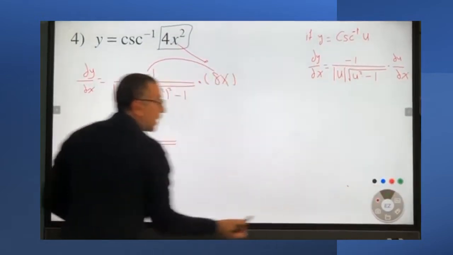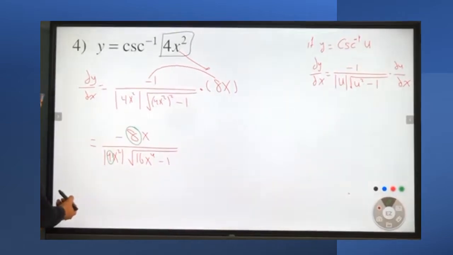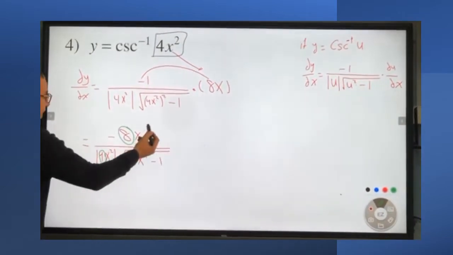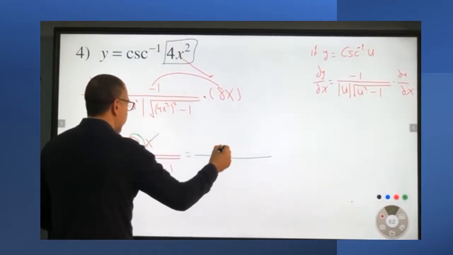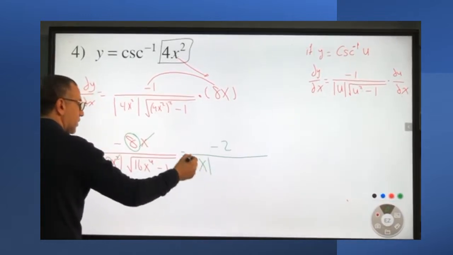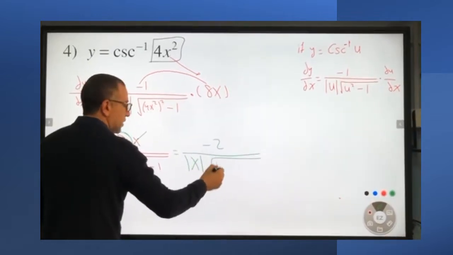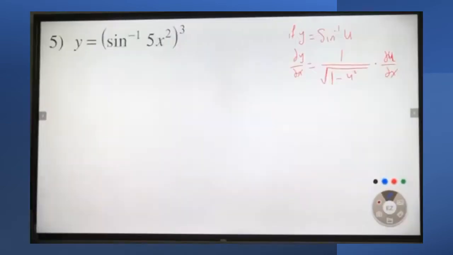Now notice that I can simplify the 8 and the 4 by dividing each one of them by 4, and I can cancel this x with one of the powers. So the final answer is negative 2 over x multiplied by the root of 16x power 4 minus 1.